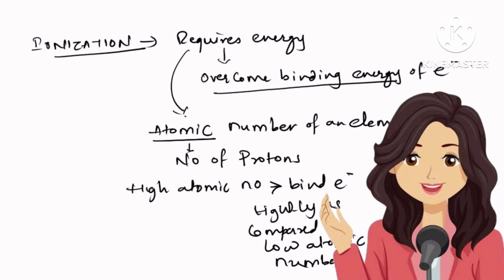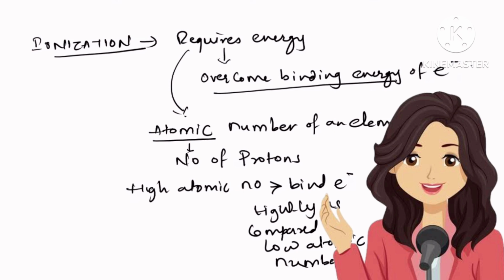I hope this is understood. I'll explain it again. What is ionization? The ionization process is the addition or removal of an electron from the orbital. This process requires energy which should be greater than the binding energy of an electron. The binding energy of an electron is the electrostatic attraction between the nucleus, meaning the protons, and the electrons.